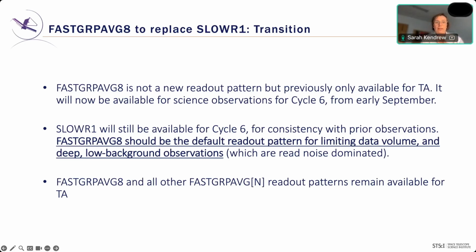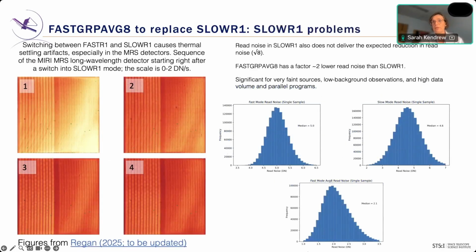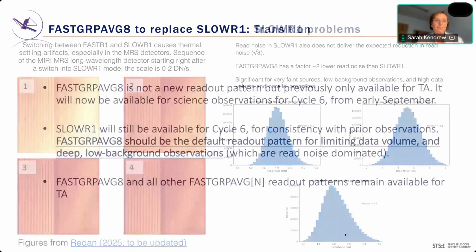It's much more attractive in terms of not causing those artifacts in the data. We also see, sorry, on the previous slide, it does successfully beat down the readout noise much closer to that square root of 8 factor. So it gives lower read noise and no artifacts.